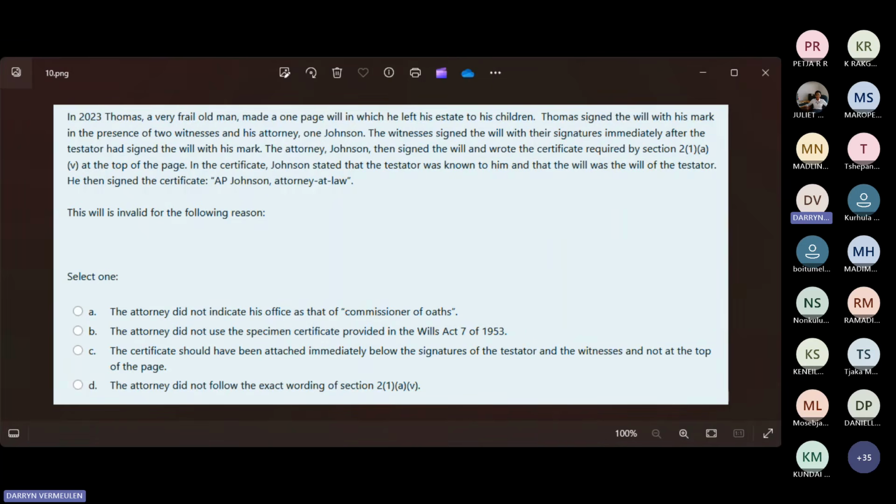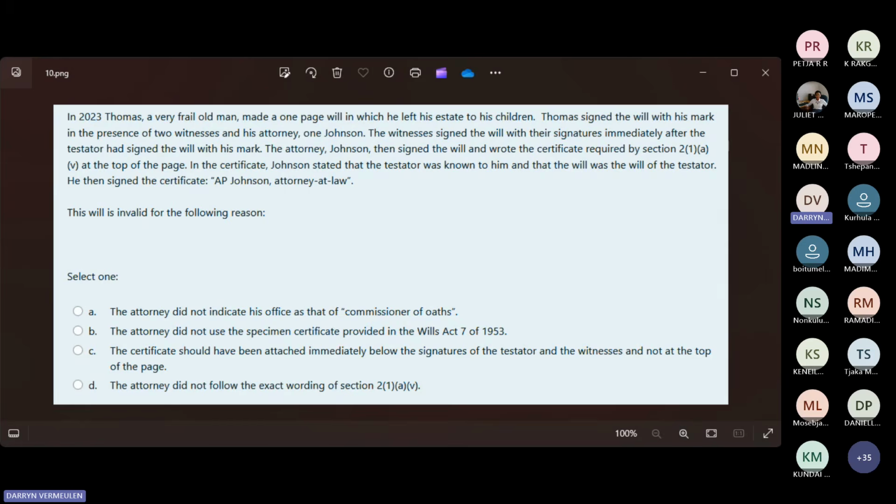The attorney, Johnson, then signed the will and wrote the certificate required by Section 2(1)(a)(v) at the top of the page. In the certificate, Johnson stated that the testator was known to him and that the will was the will of the testator. He then signed the certificate as A.P. Johnson, attorney at law. However, this will is invalid.